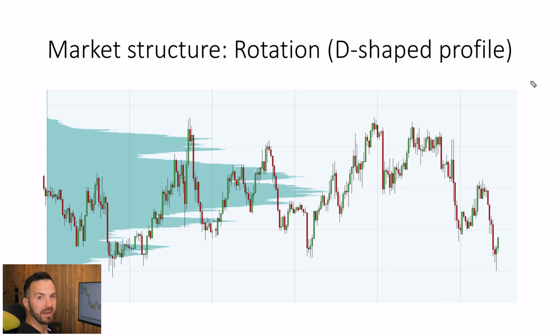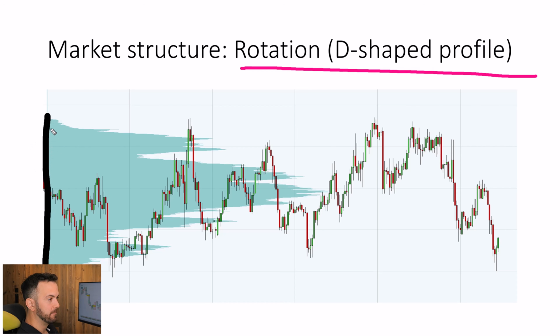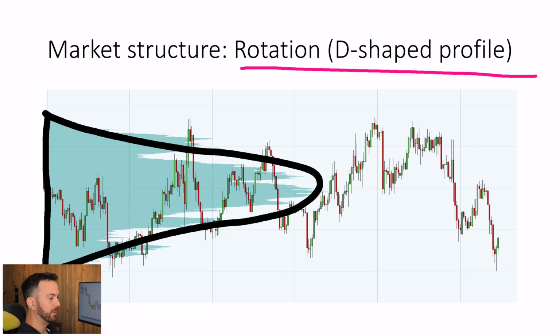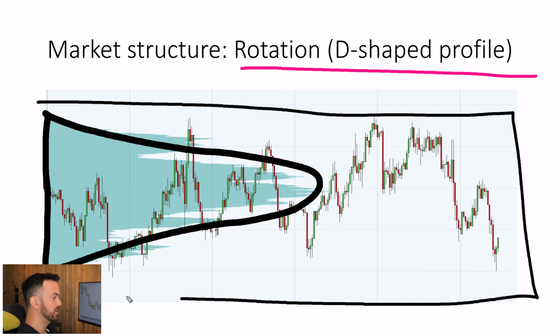So let's now take a look at the first point from that checklist. And the first point is you want to look at the market structure. And you want to see that the strong rejection was formed when the market was rotating. In other words, if you use volume profile, then the volume profile should be D-shaped, like capital letter D. If it's D-shaped, then the market is in a rotation.